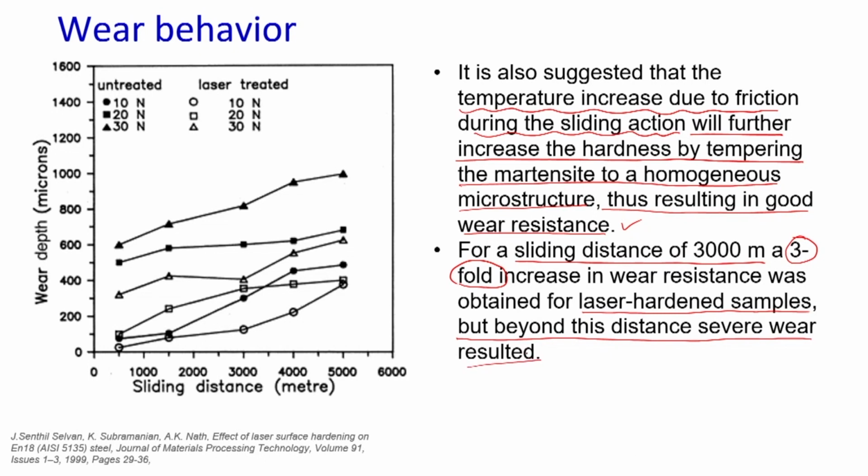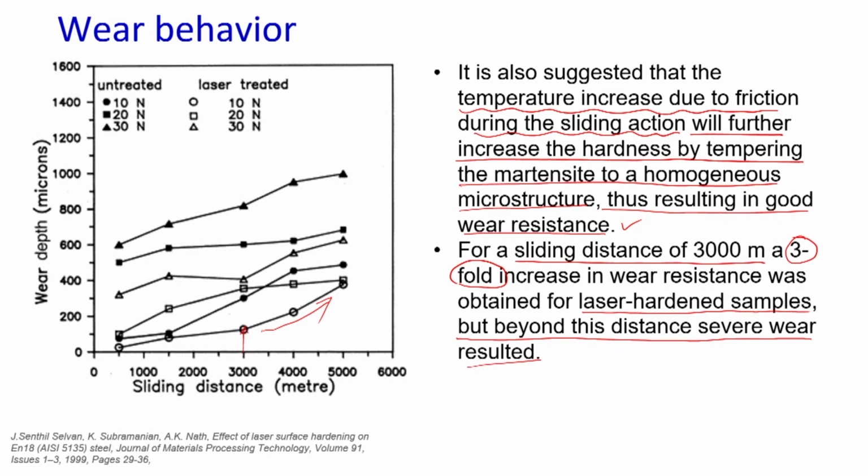So, for the 3000 meter distance we got very good wear resistance value, very low wear depth, but then there is a sudden increase in the wear depth, which indicates that the wear resistance is reducing, and that may be due to the sustainability of that laser heated surface over a longer period of time.